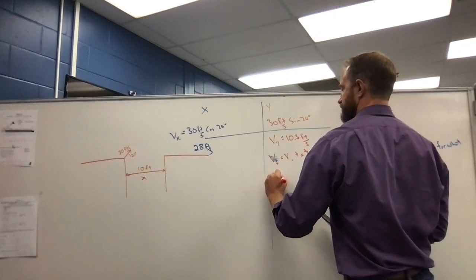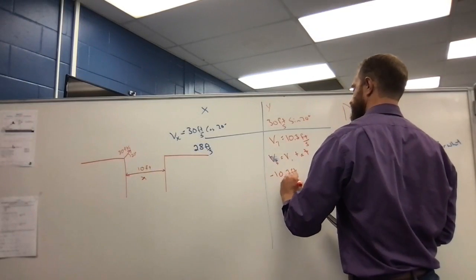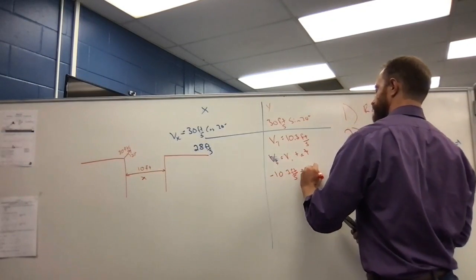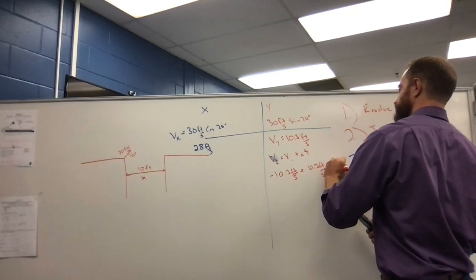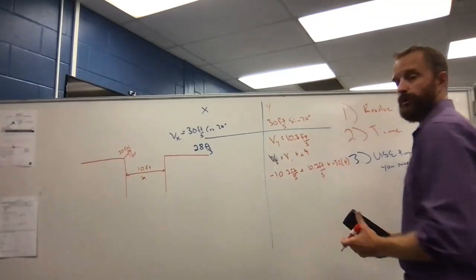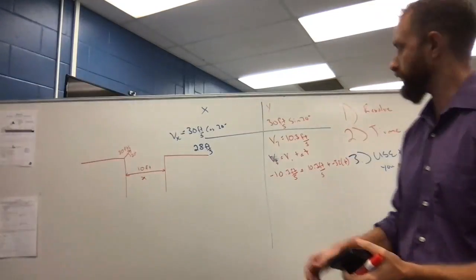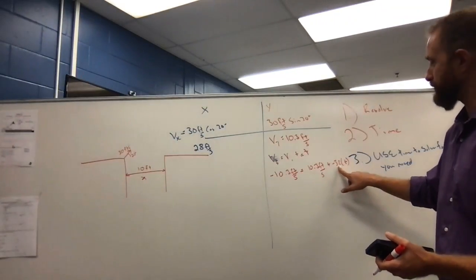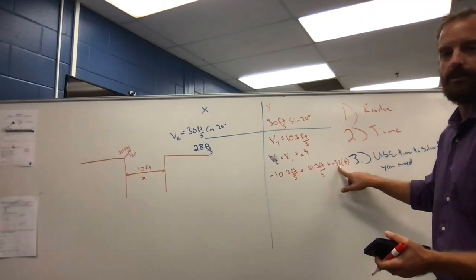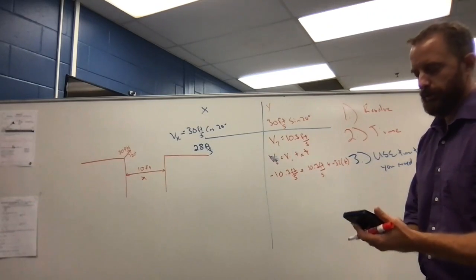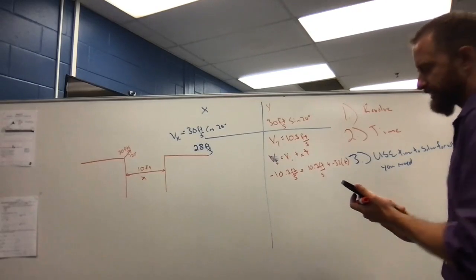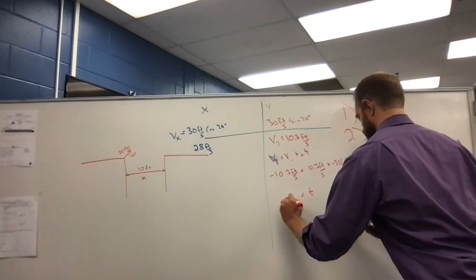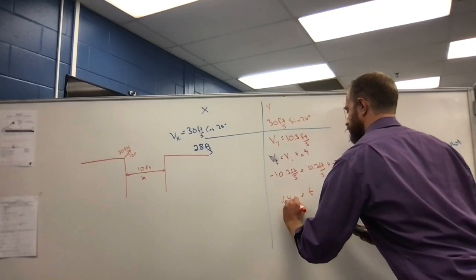So I would say negative 10.3 feet per second equals 10.3 feet per second plus a negative 32 times t. Because we're in feet, not meters, so I would want to use the 32 feet per second squared, not 10 meters per second squared. So just rearranging some algebra there, 20.6 divided by 32 gives us a time of 0.64 seconds.